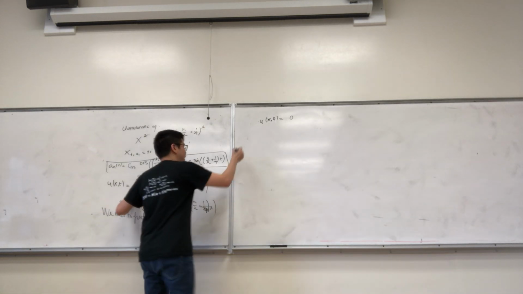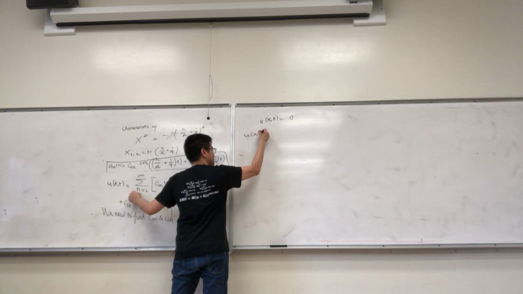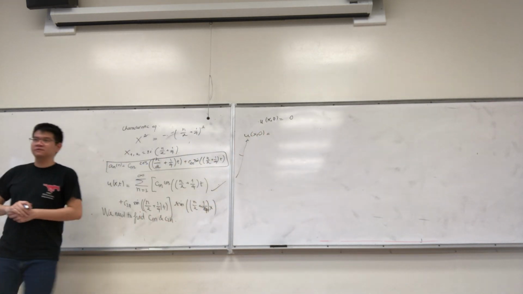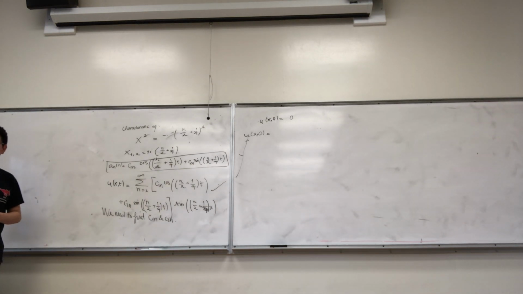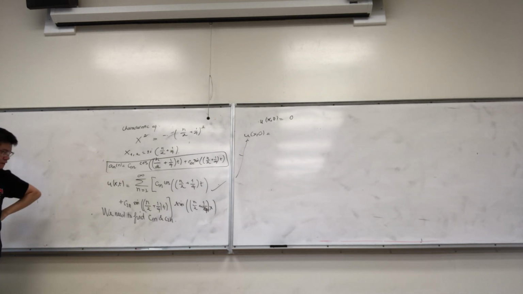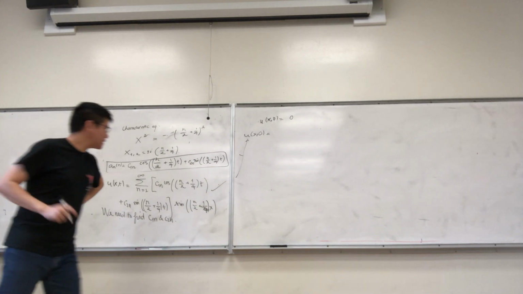But what happens when you replace t to be 0 in this formula? The c2n sine term is 0.